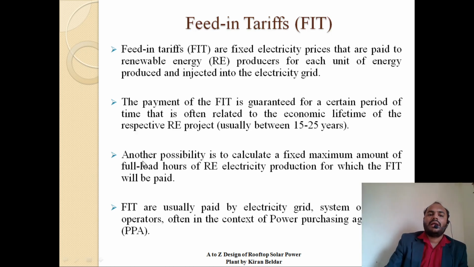Third point, another possibility is to calculate a fixed maximum amount of full load hours of renewable energy electricity production for which the feed-in tariff will be paid. Feed-in tariffs are usually paid by electricity grid system or market operators, often in the context of a power purchase agreement.